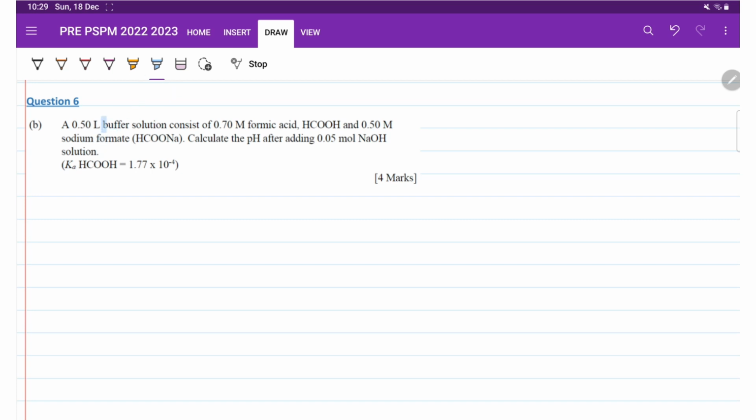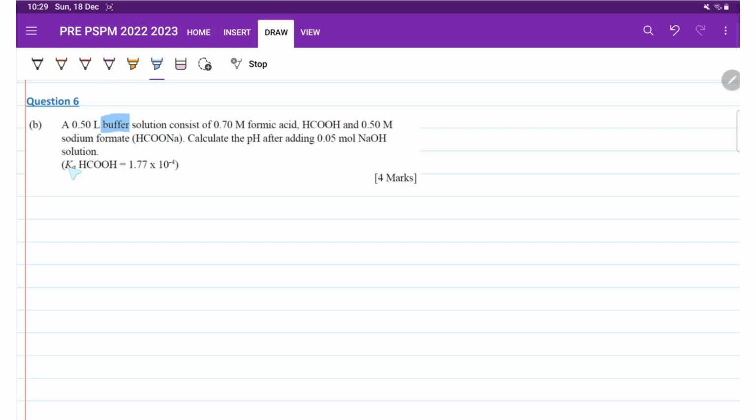Jadi bila kita tahu kita ada soalan buffer, the first thing that you need to do is identify is it an acidic buffer or a basic buffer. Macam mana kita nak tahu dia acidic ataupun basic? Tengok kepada adakah dia bagi kita weak acid ataupun weak base. Again, macam mana kita nak tahu kita ada weak acid ataupun weak base? The clue is over here. So we have the Ka, dekat sini.